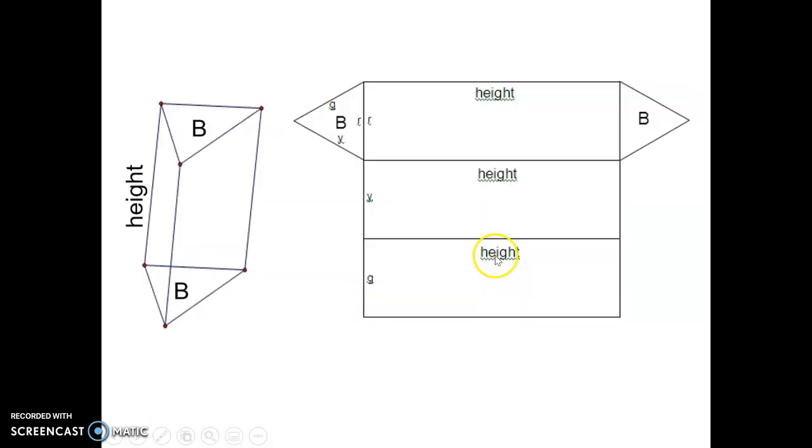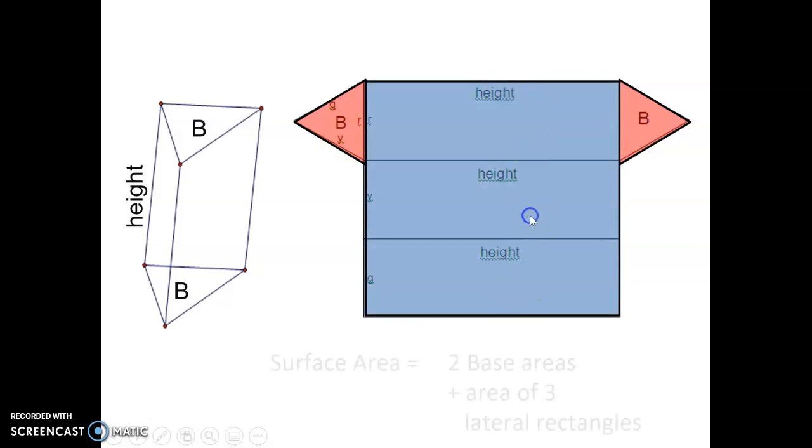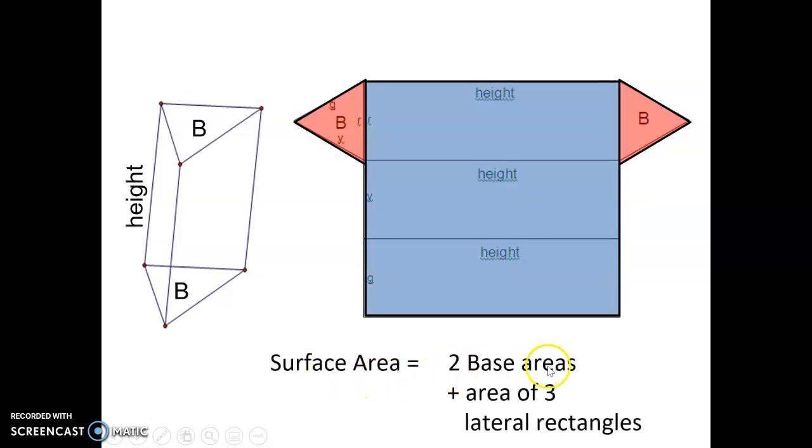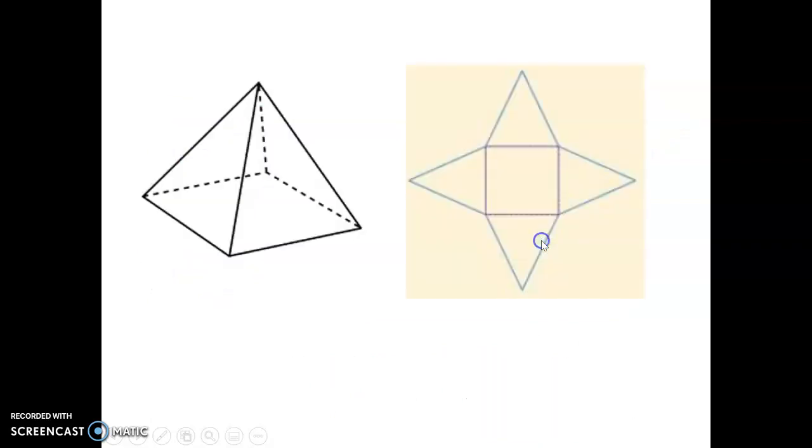This one only has three, because there will always be the same number of lateral faces as sides on the base, because one lateral face grows from each side of the base, right? To find the surface area, we take the area of the two bases plus the full lateral area. So the surface area would be the two base areas plus the area of three lateral rectangles.